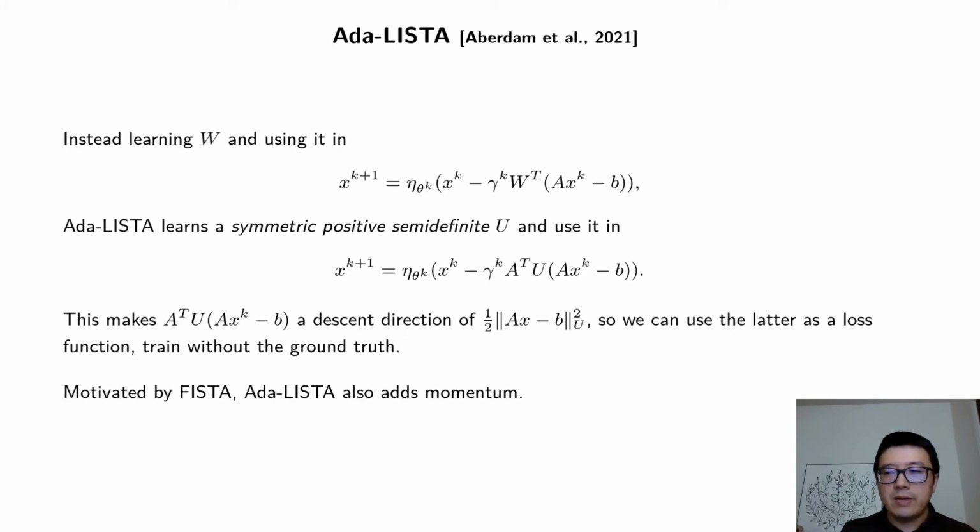You can just train with the existing measurement data without knowing the true signal. In addition, this paper also considered momentum, Polyak momentum, added to their iteration. There's going to be some kind of extra term which depends on xk minus xk minus 1 with some parameter in front.